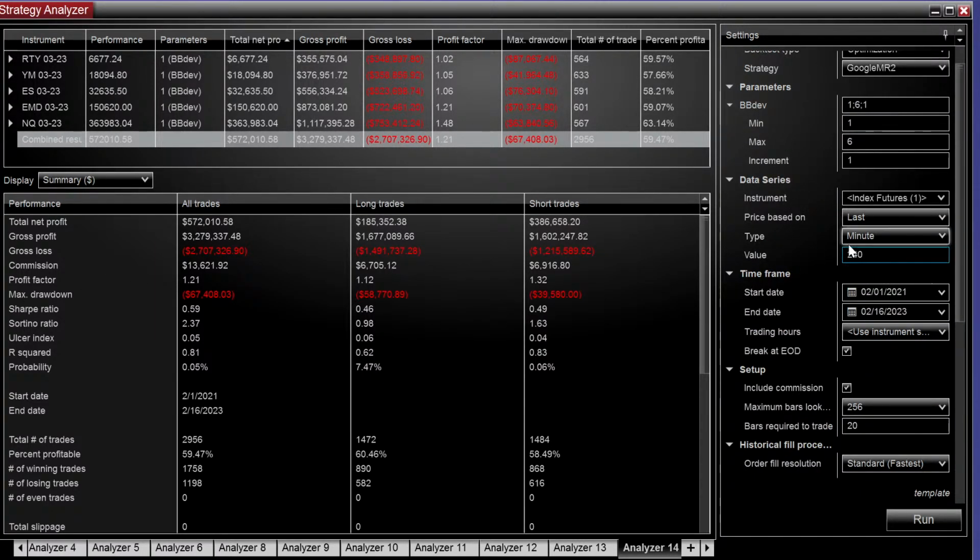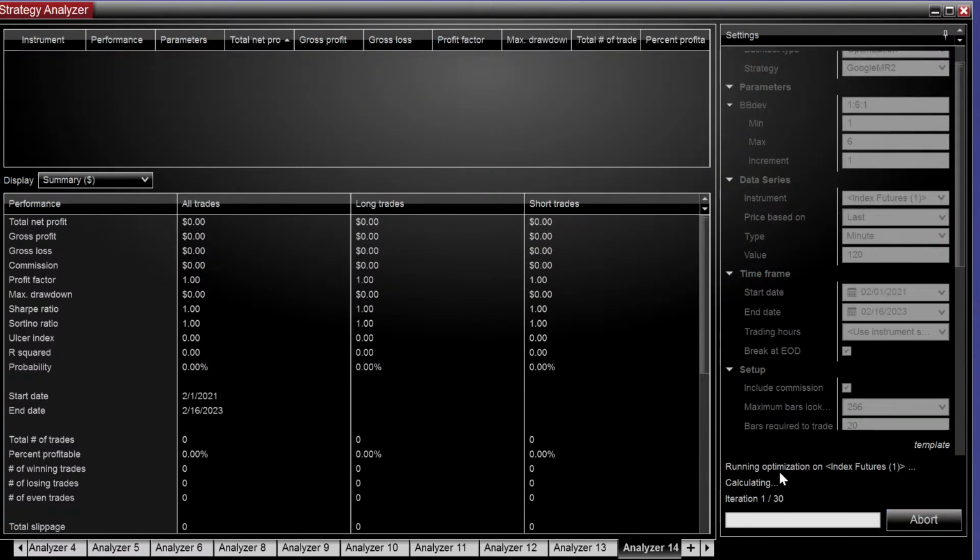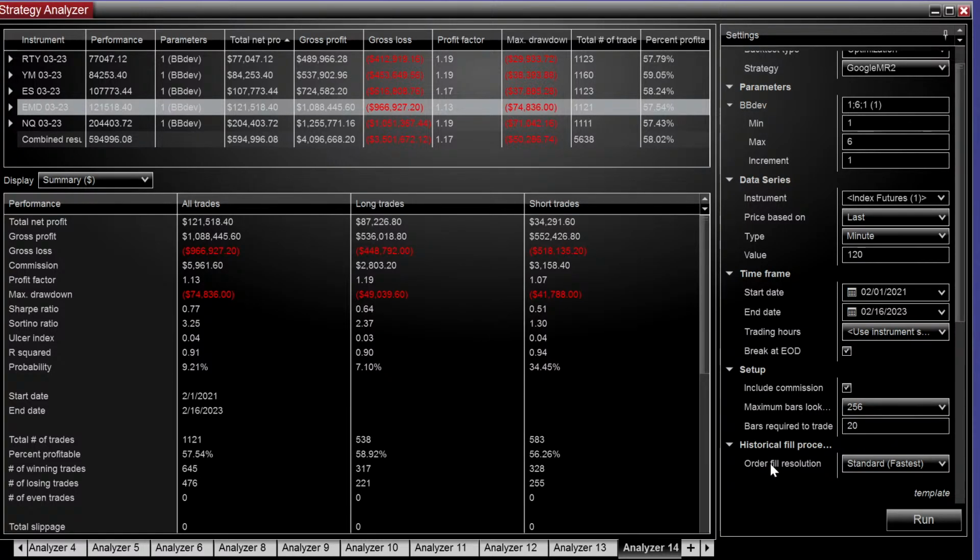Let's check out the 120, see if we can get a better ratio. Like I said in the past, a lot of times products that aren't doing too well can actually benefit your portfolio.